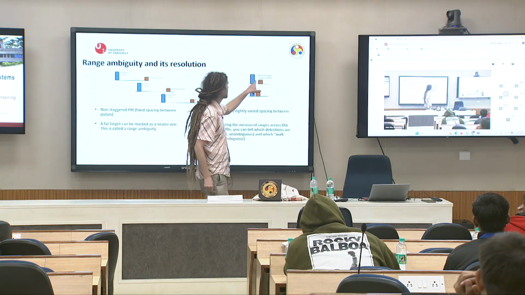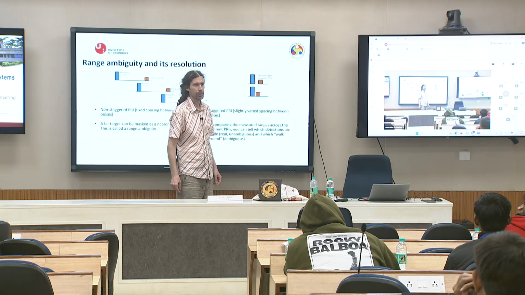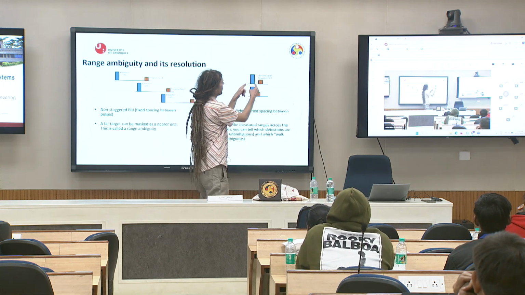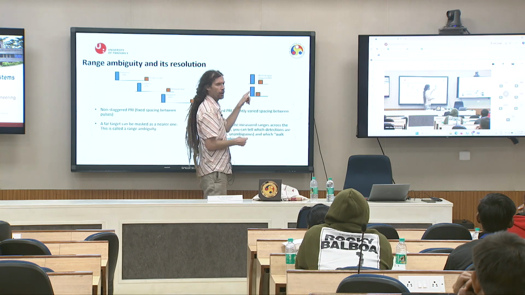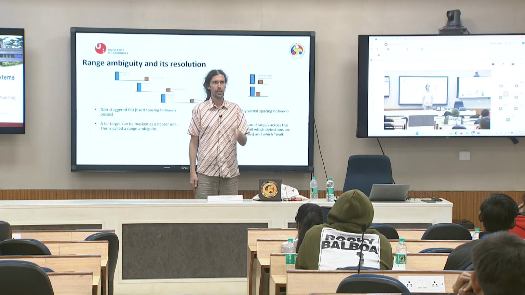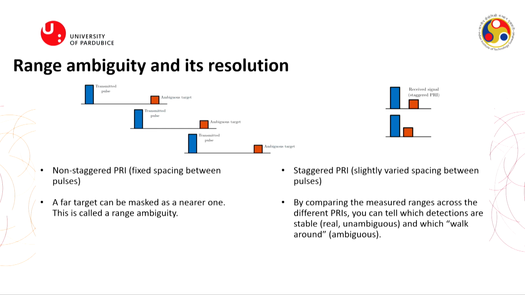It is called staggering PRI, staggered PRI. So there is some slight shift. Imagine it will be 1 millisecond and 1.1 milliseconds. It is like jittering in the pulse. It will be, of course, at specific time values. It is not random, but it is like moving in time.